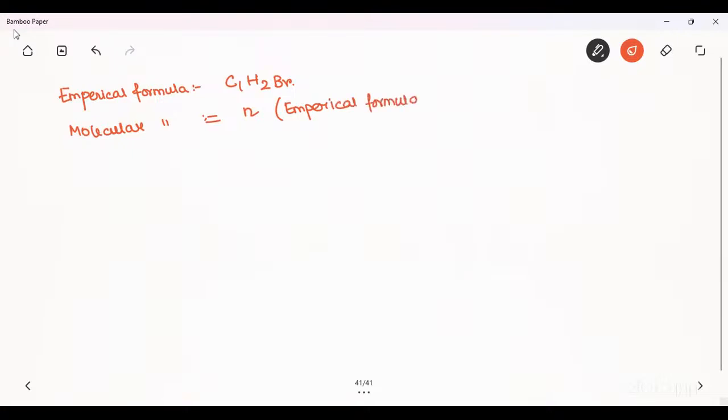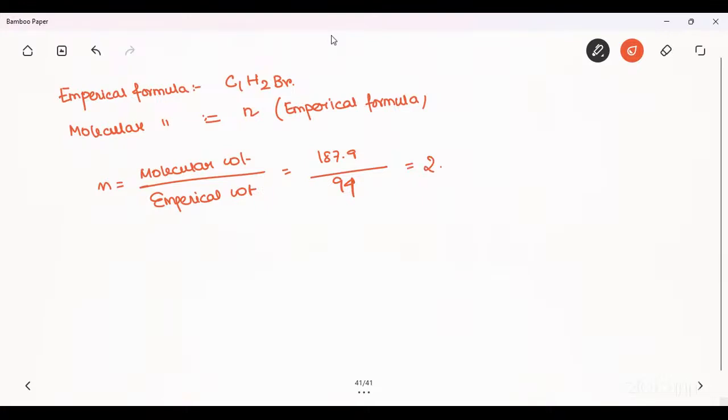What is n? n is molecular weight divided by empirical weight. So it's 187.9 divided by 94. It's 2.